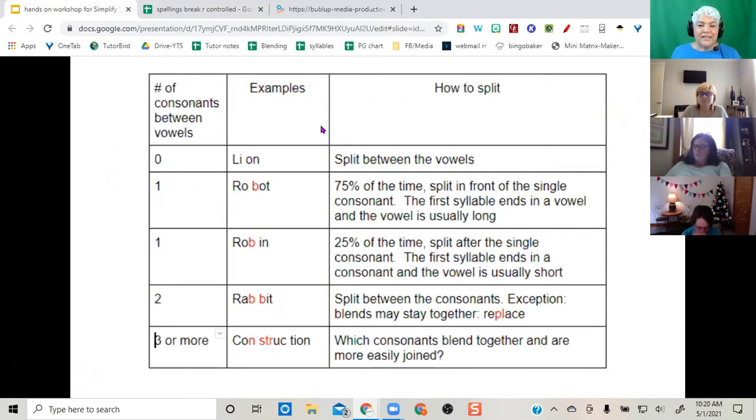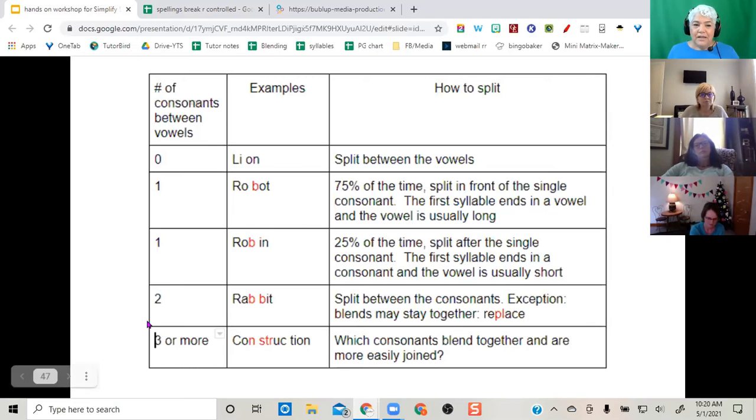It gets more complicated. Most of you have seen diagrams like this one that say if there are zero consonants between the vowels, you split between the vowels. Does this look familiar to most of you? Something like this has been in most programs for splitting.